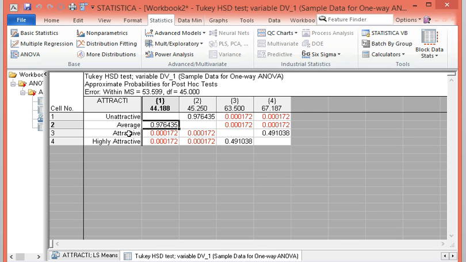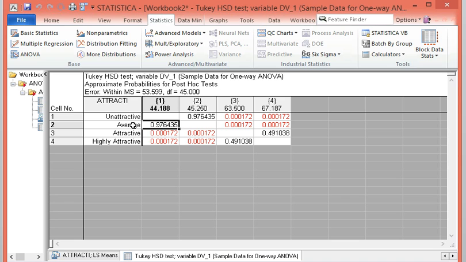There is, however, a significant difference, less than 0.05, between attractive and unattractive, and between highly attractive and unattractive.